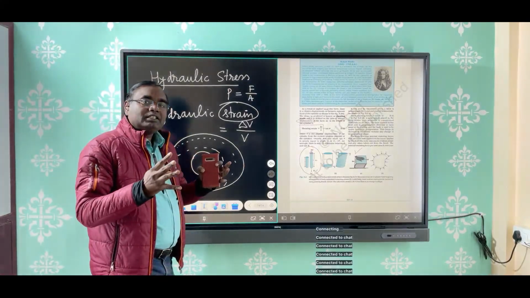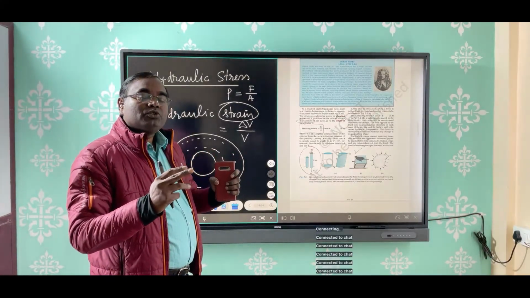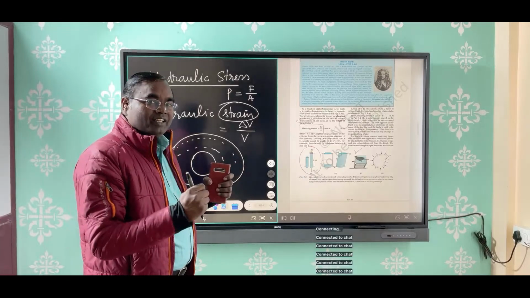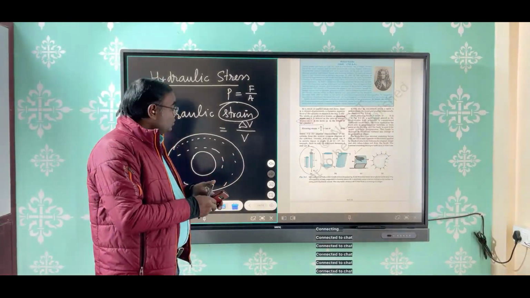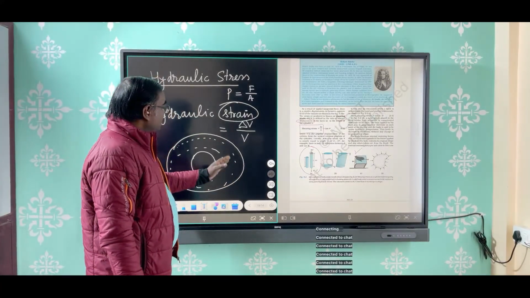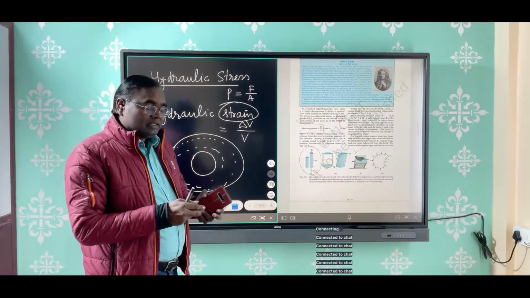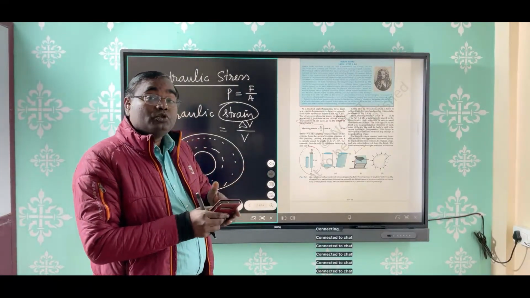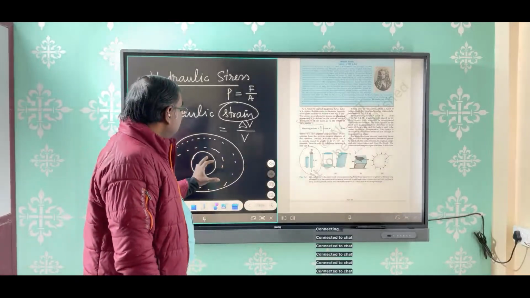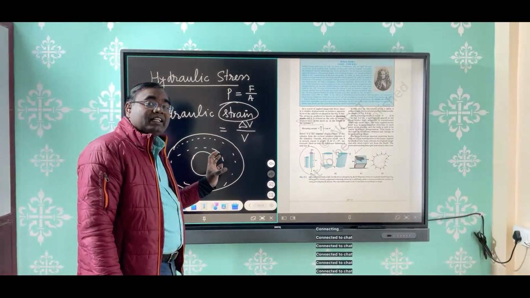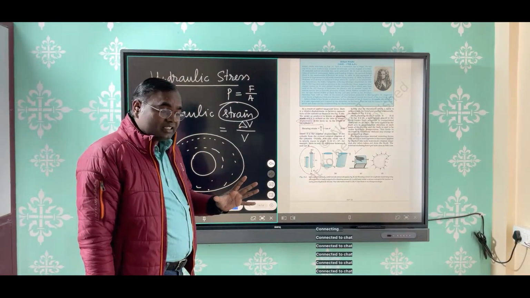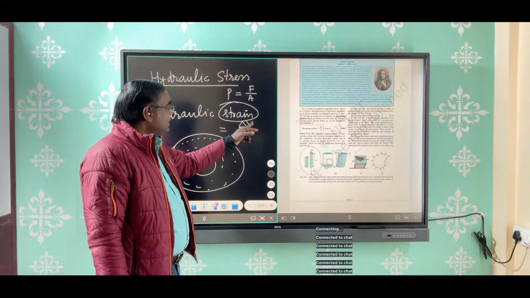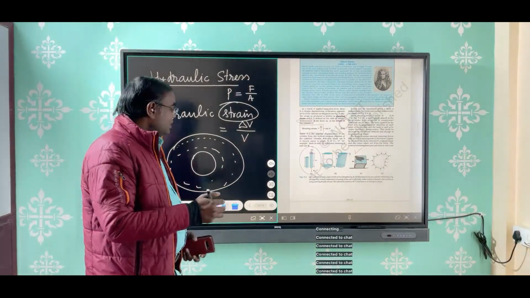So ball is feeling the pressure due to the water liquid, and due to the pressure by the liquid, the ball is getting contracted due to the pressure. That means its volume is getting shrink, decrease. So here decrease means the initial volume.